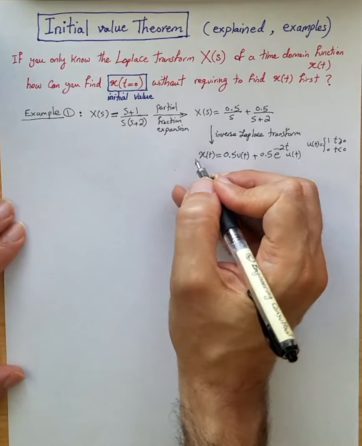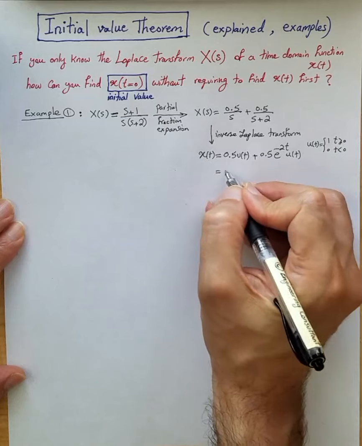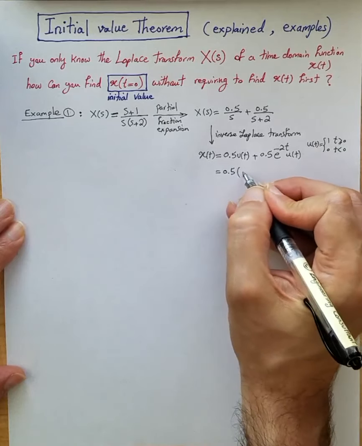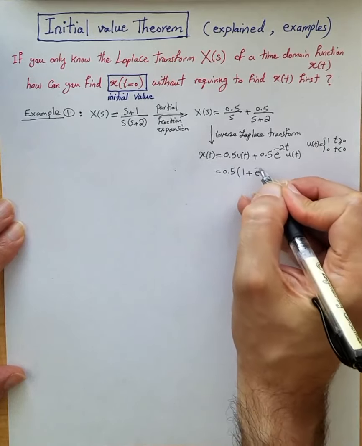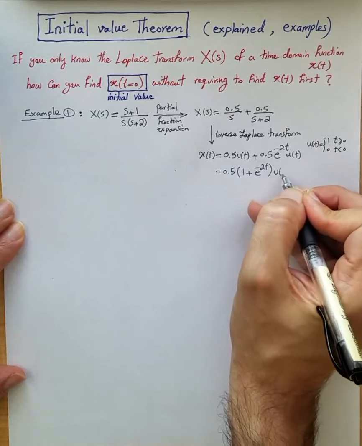Now things are easy, because let me just further simplify this. It's 0.5 times (1 plus e to the minus 2t) times u(t).